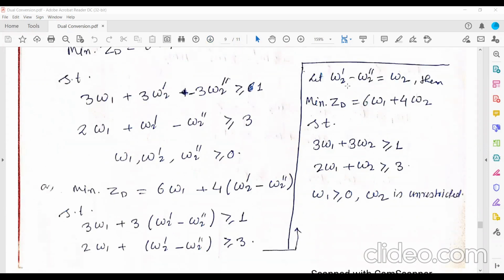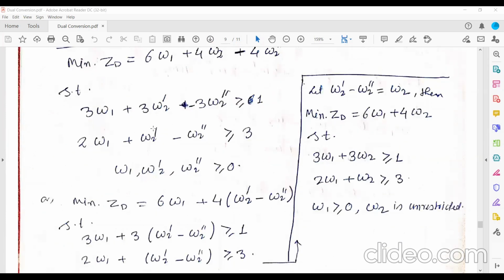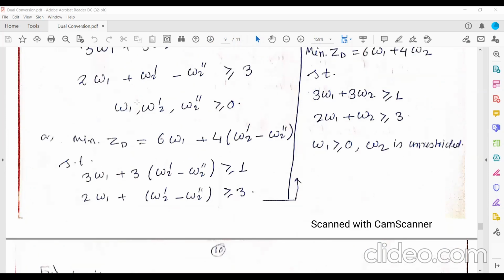So let W2 dash minus W2 double dash be W2. Now you have converted it into a standard primal, and now you need to write its duality. Sorry, we are already writing the duality, so no problem at all.